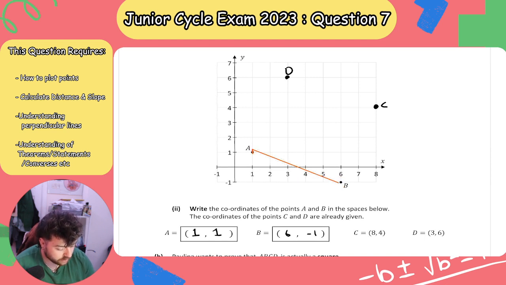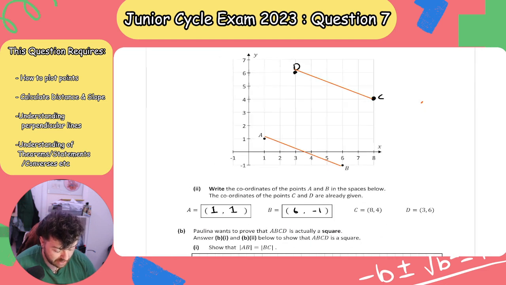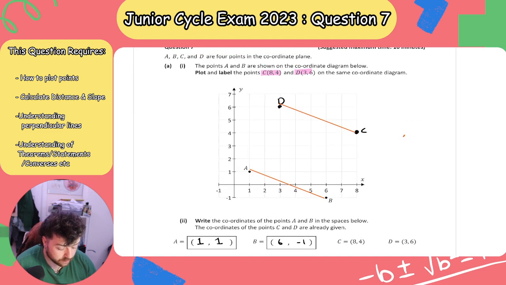I want to prove that the line from A to B is the same as the line from D to C. So you want to prove that they are equal in measure. You can do 2 things. You can use Pythagoras' theorem. You can make a little right angle triangle and then use these lengths to find the hypotenuse. Or we could just use the distance formula, which is just an extension of Pythagoras' theorem.